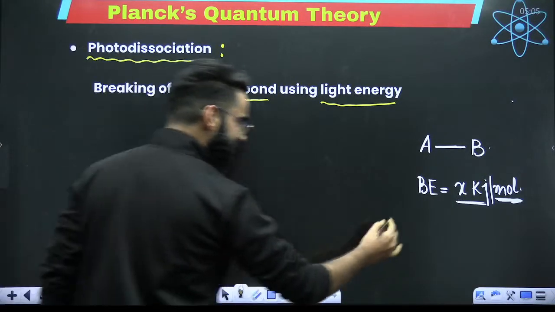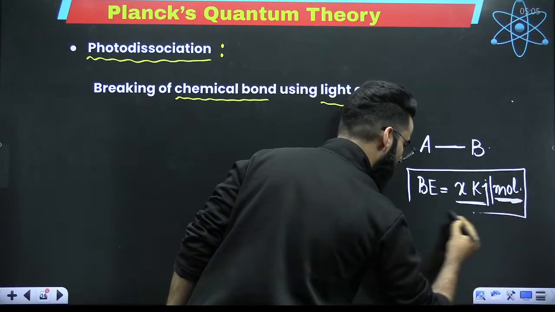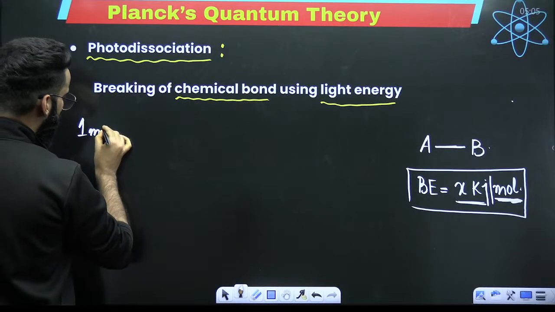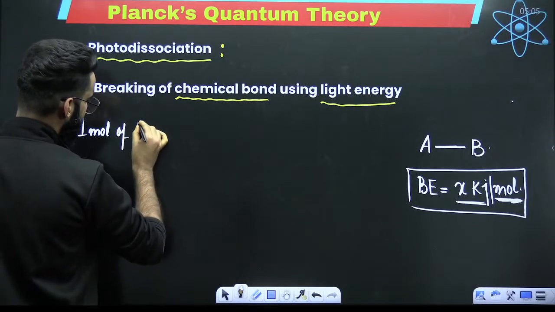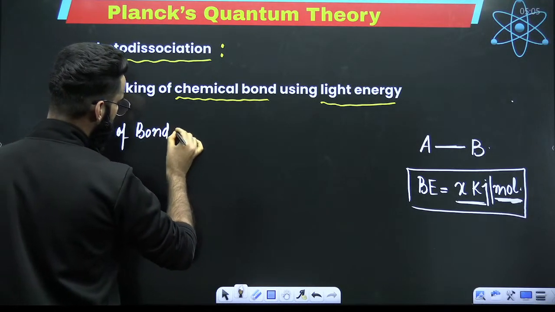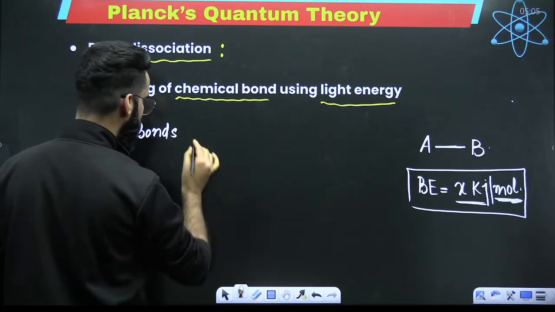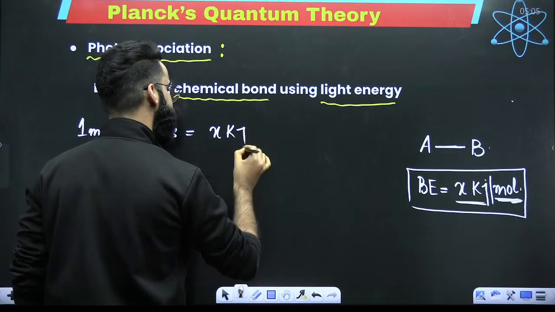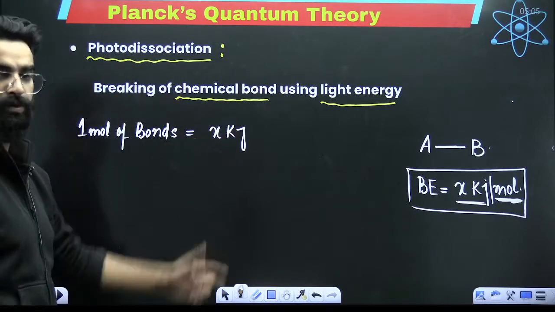So from this particular data, what I got to know is that in order to break 1 mole of bonds of the type AB, X kilojoules of energy is required.